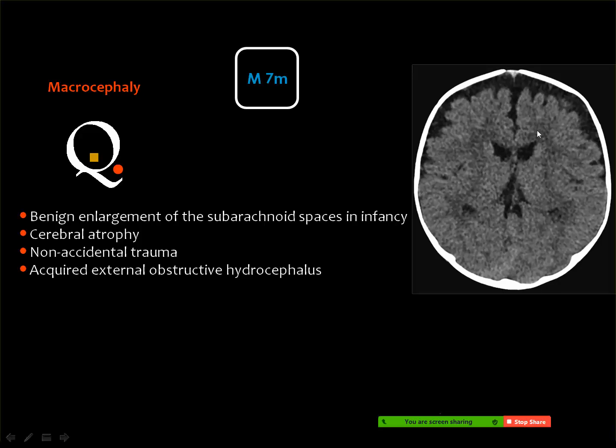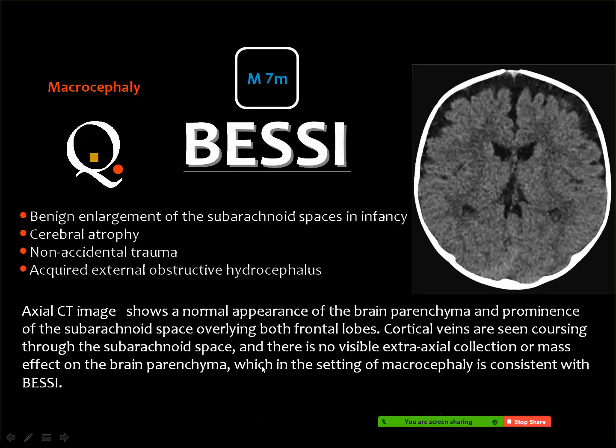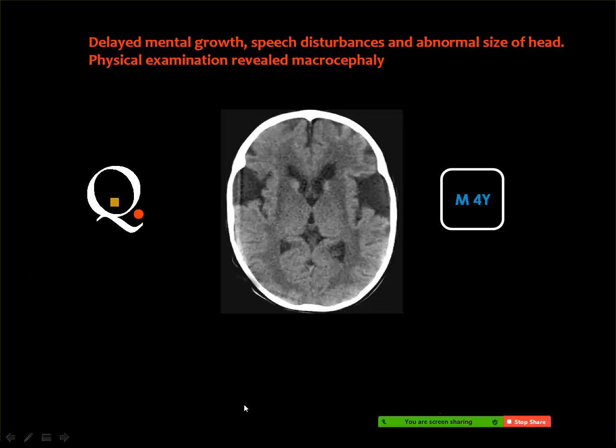And this is the usual appearance of the white matter in this age group. Then this is what we call benign enlargement of the CSF spaces in infancy. Macrocephaly is essential for the diagnosis.